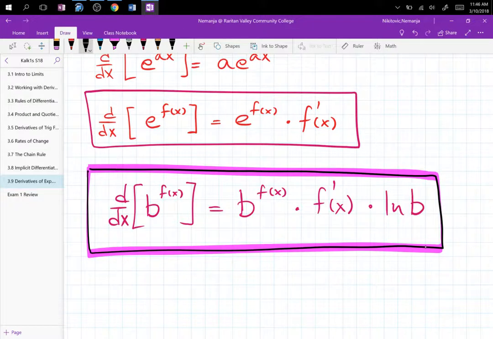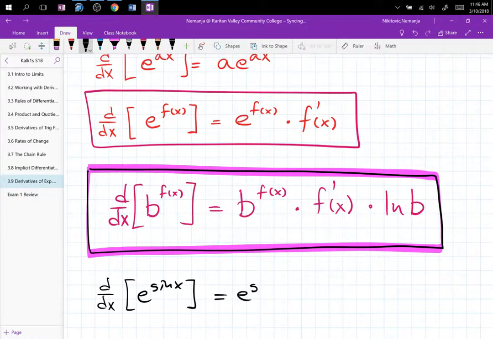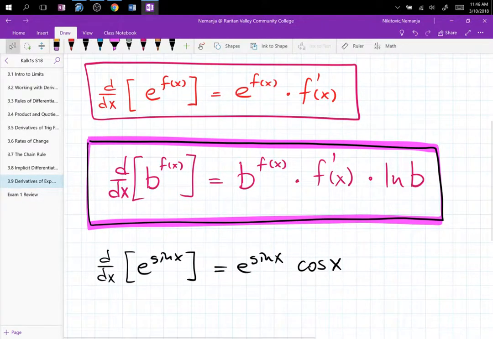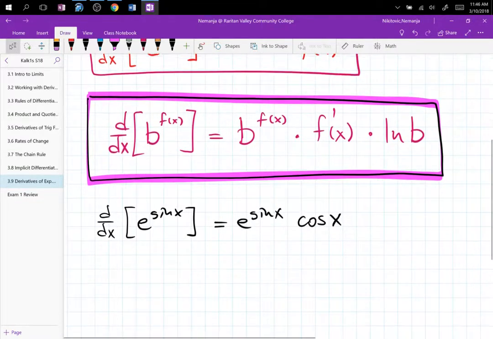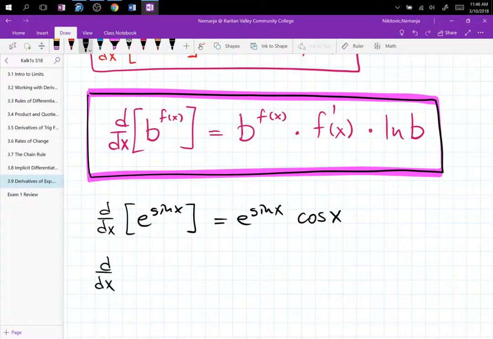Examples for this are very simple. The derivative of e to the sine x is simply e to the sine x times cosine x, because of the chain rule of the exponent, and that takes care of the formula on top. But then we also have the bottom formula, which says, what if we are trying to find the derivative of 3 raised to the tangent x?